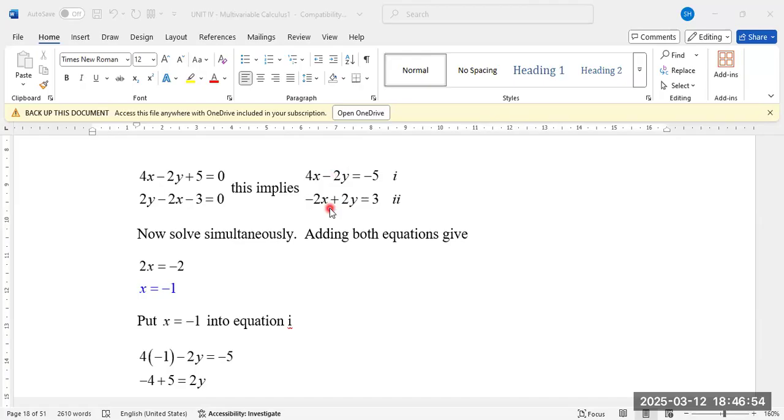When the signs are different, I'll go ahead and add. Negative 2y plus 2y is equal to 0, and 4x minus 2x gives me 2x. Negative 5 plus 3 is negative 2. When I divide both sides by 2, I get negative 1.